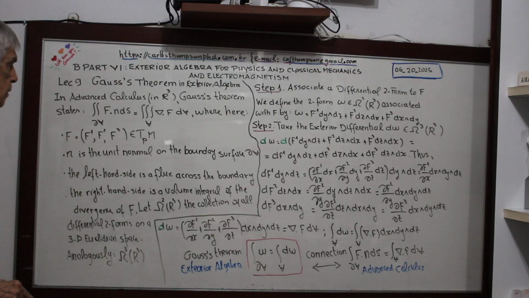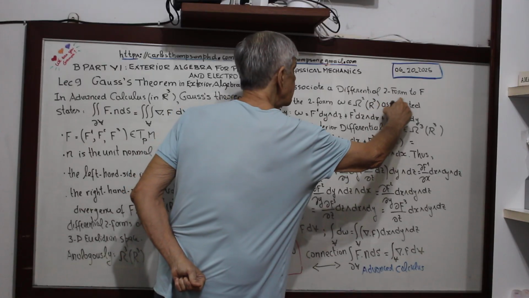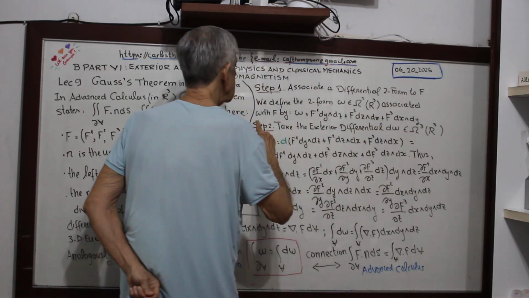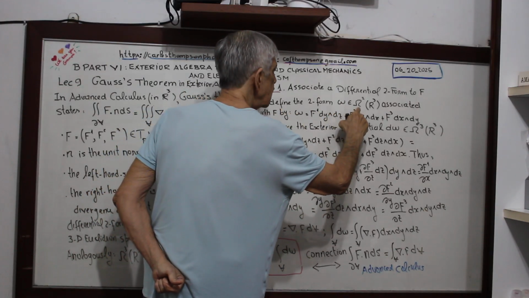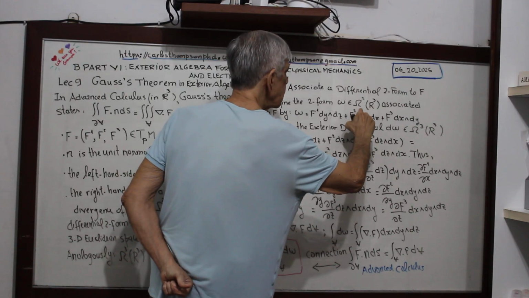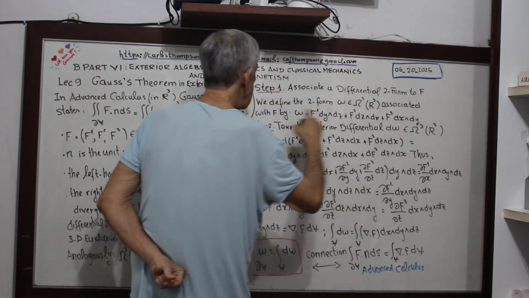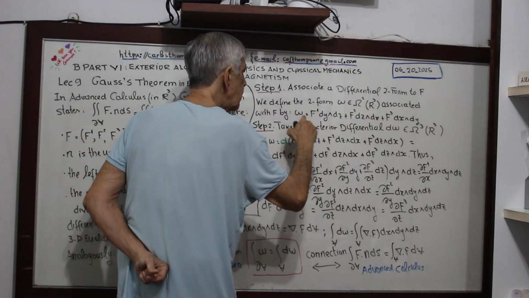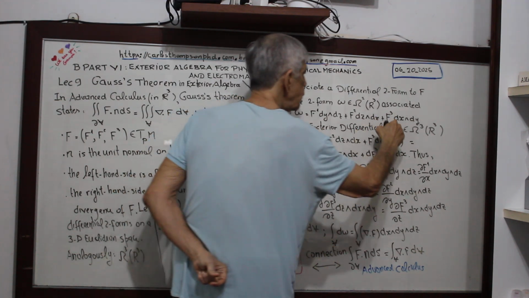Now, let's develop the Gauss theorem in the exterior algebra. Step 1. Associate a differential two form to F. We define the two form omega, as I said before, on R3 associated with F by omega equals F1 dy dz plus F2 dz dx plus F3 dx dy.